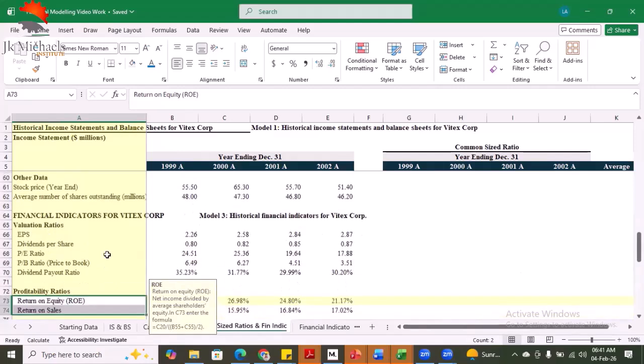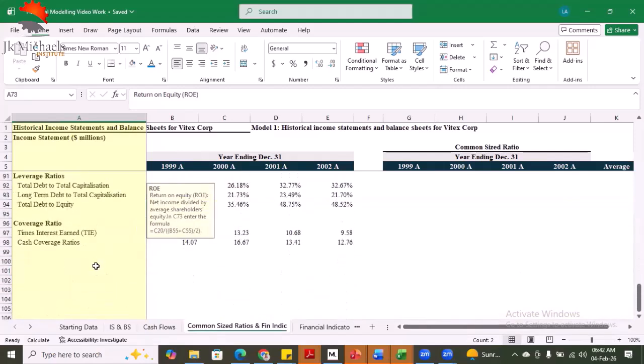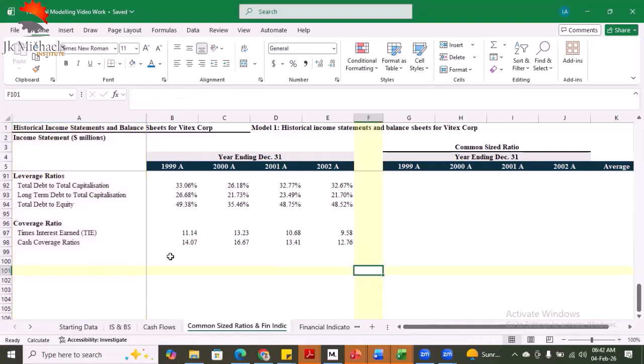And this brings us to the end of the class for today. Thank you very much for being with us through this period. We're going to take this further to be able to forecast. We've been able to critically look at the past by creating the three financial statement model.